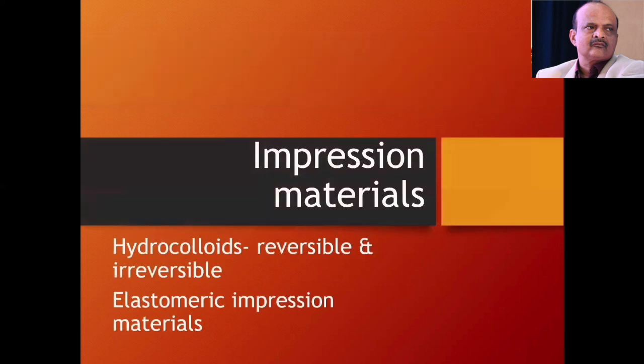Hydrocolloids are impression materials which have been used since long, which include reversible hydrocolloid, that is agar-agar, which gels and sols by change of temperature, and also irreversible hydrocolloid like alginate.